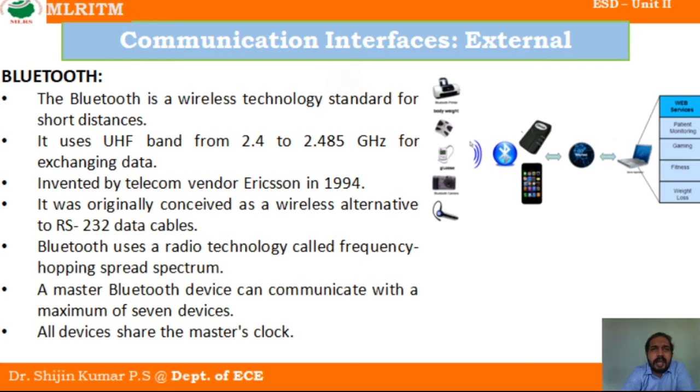A master Bluetooth device can communicate with a maximum of 7 devices. Why is it called a master? Because the master shares the clock. The clock generated by the master will be used by the other devices. That's why it is called a master.